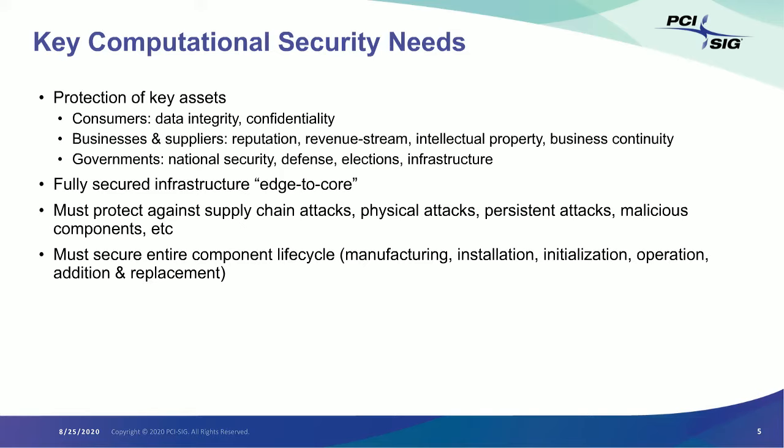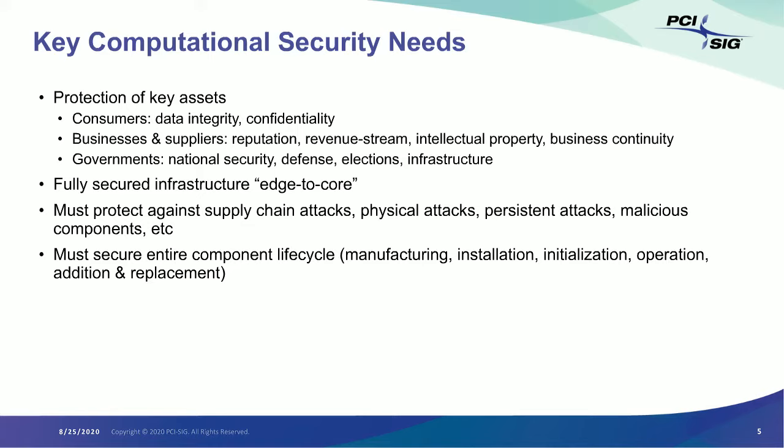So first, why do we do security in this context at all? It basically comes from the fact that there are computational assets that have value. And they have value in many different kinds of ways, right? Sometimes consumers just want their data to be secret, maintained in a confidential manner. Other times, integrity is the essential thing.